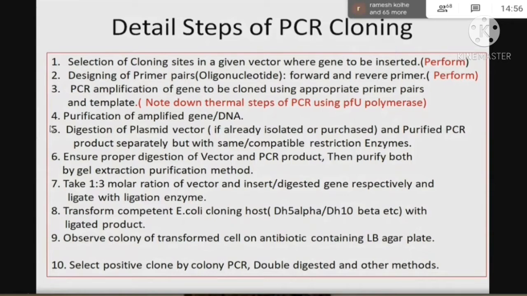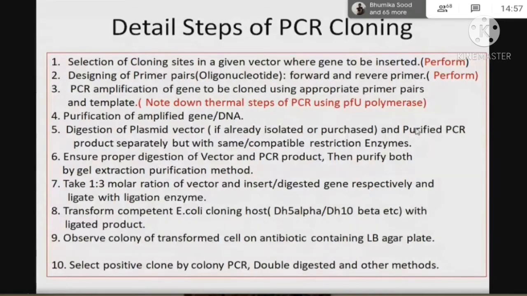After that, we isolate the plasmid or purchase the plasmid. If you don't have that plasmid, then you should purchase it and transform it into E. coli so that you can get more of it. So you purify that plasmid from E. coli and then digest it. So digestion of plasmid vector means you purchase it and then digest, or you can isolate it from bacteria and then digest.